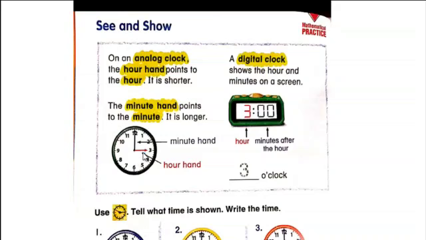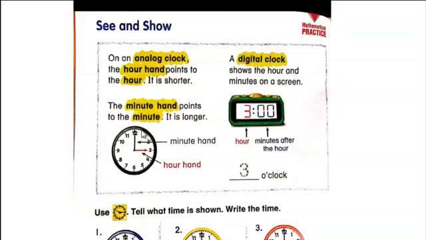An analog clock has two hands. The hour hand points to the hours, and these numbers are the hours. It is shorter. This hand is called the minute hand and points to the minutes, and it is longer.